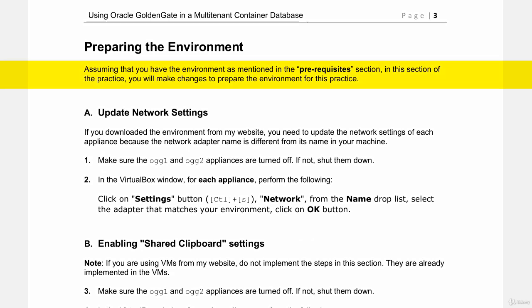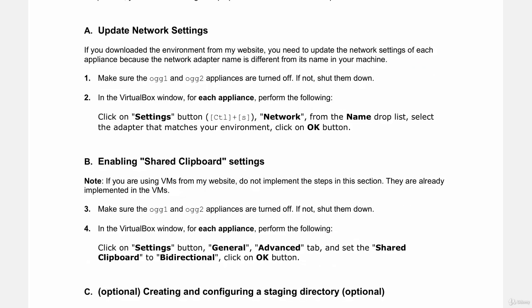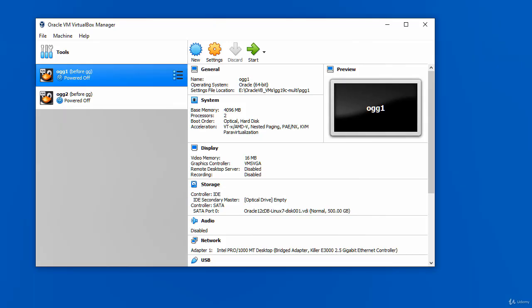Assuming that you have the environment as mentioned in the prerequisites section, in this section of the practice, we will make changes to prepare the environment for this practice. If you downloaded the environment from my website, you need to update the network settings of each appliance because the network adapter name is different from its name in your machine. Let me show you the steps. First, open the settings window of the VM.